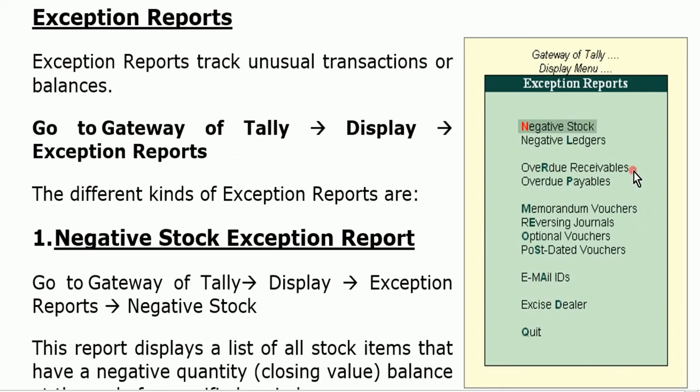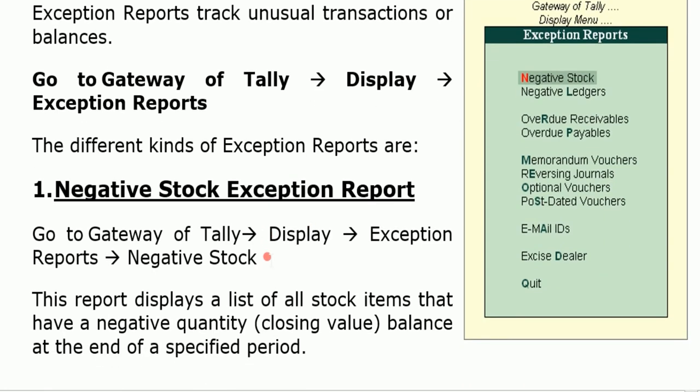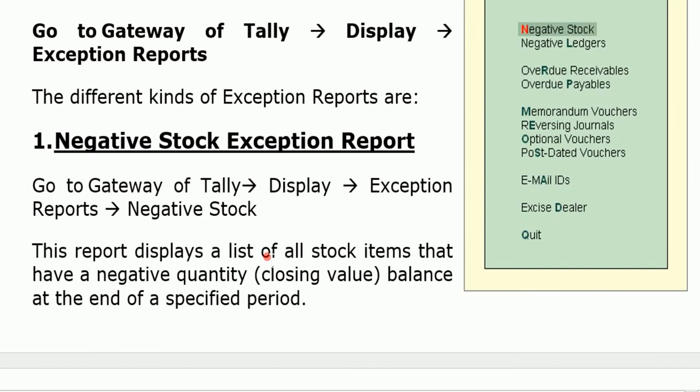Here you can see the menu, and it will display negative stock, negative ledgers, overdue receivable, overdue payable, memorandum vouchers, reversing journals, optional vouchers, post-dated vouchers, email IDs, excise dealer, and the first one is the negative stock exception report. This negative stock report displays a list of all stock items that have a negative quantity.